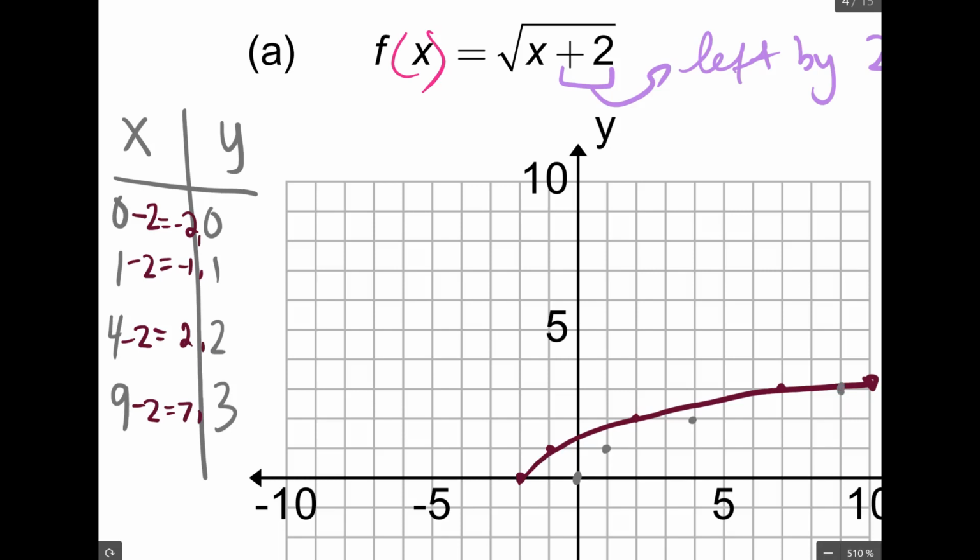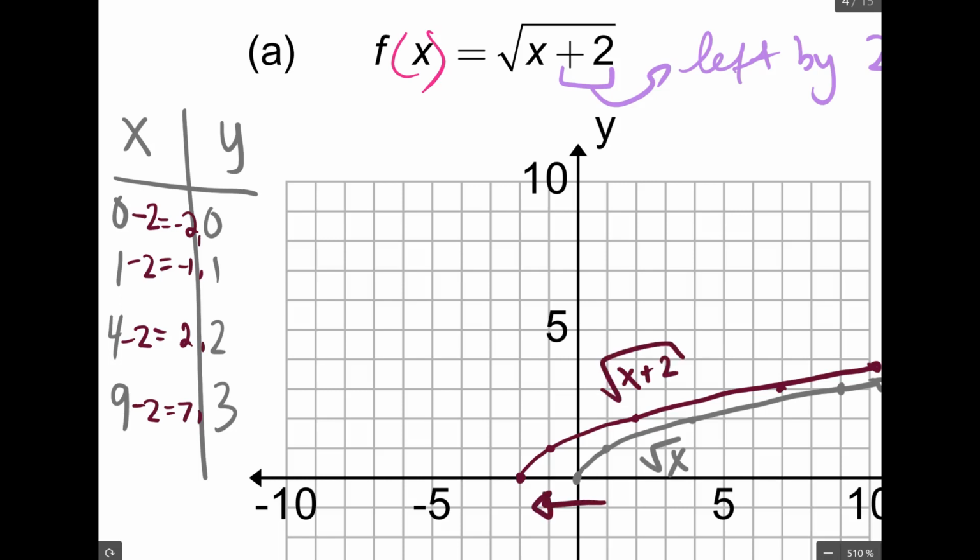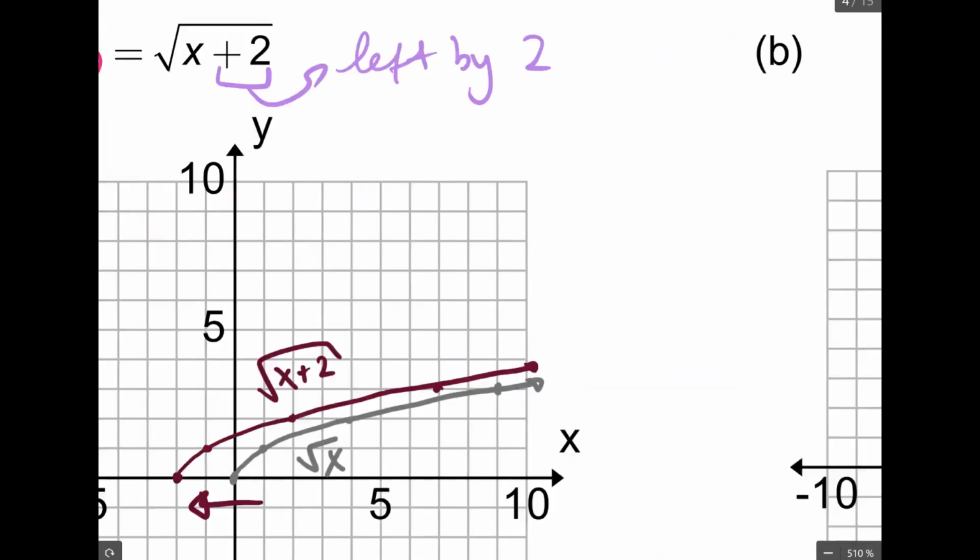Well, I didn't draw it exactly great. Let me just connect my line a little better. Okay, so it looks something like this. Then connect. This gray is standing for the parent function, so the gray is just square root of x, but this maroon color is going to be the square root of x plus 2, because everything was shifted left by 2. So that's one way to do it, using the table. That's way 1, with the table.